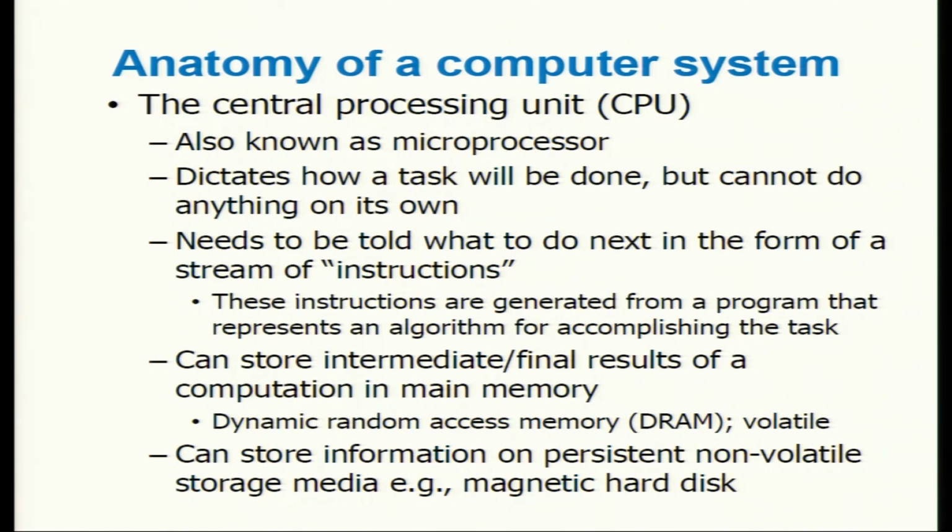And of course, it can store intermediate or final results of a computation in main memory. This is the name of the technology used to build main memory, dynamic random access memory, which is typically volatile. And it can also store information on persistent non-volatile storage media like magnetic hard disk, and there are many more today, non-volatile storage media which are better than magnetic.